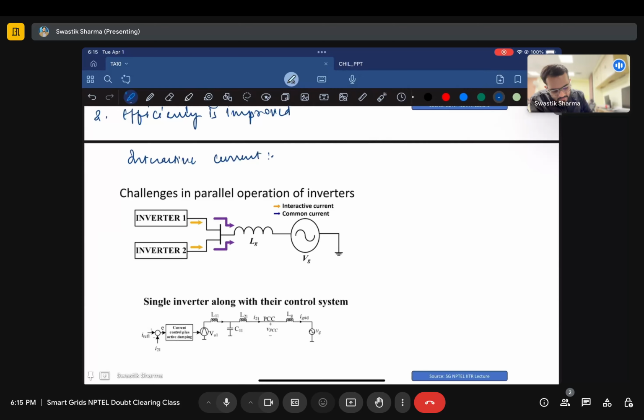The interactive currents are circulating currents flowing between inverters, right?